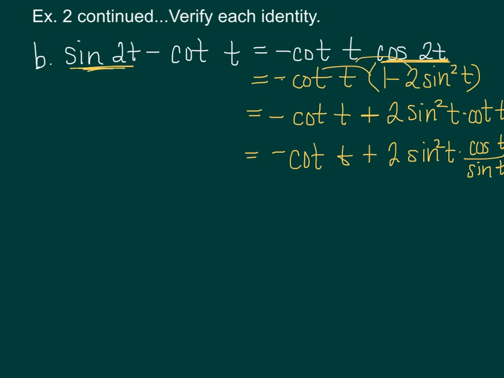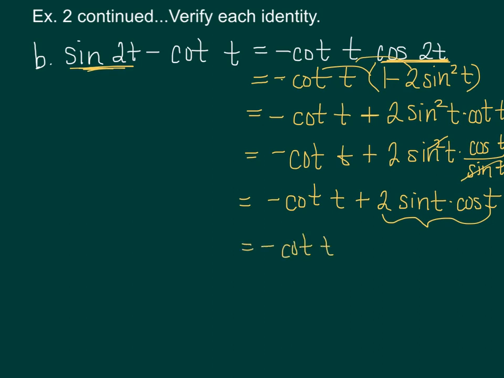So this sine will cancel with one of these. And then this is equal to sine double angle.